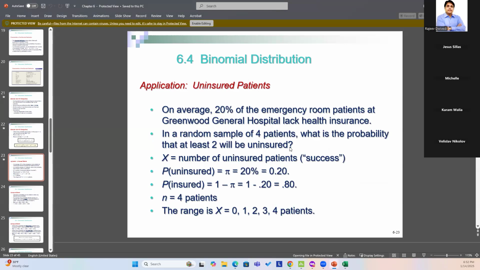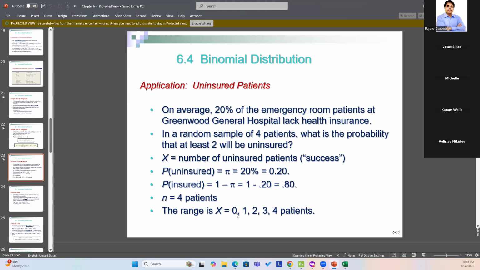Now, this is the question: what is the probability that at least two will be uninsured? At least two means it is asking for the cumulative or compound event, CDF, values 2, 3, 4, with pi equal to the given 20%.